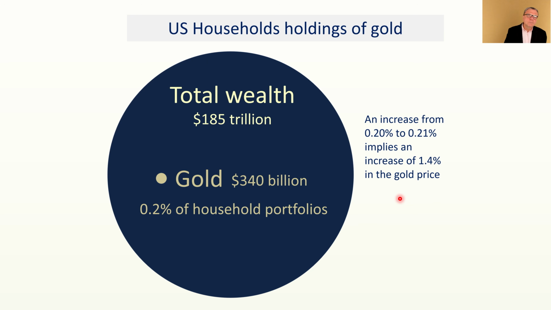And by Goldman Sachs's analysis, if that 0.2% increases by 1 basis point, a percent of a percent, to 0.21%, it implies a 1.4% increase in the gold price. Now, all of the uncertainties we've been talking about, I think, are really likely to drive up US households' demand for gold. And that could have a really profound effect on the gold price.